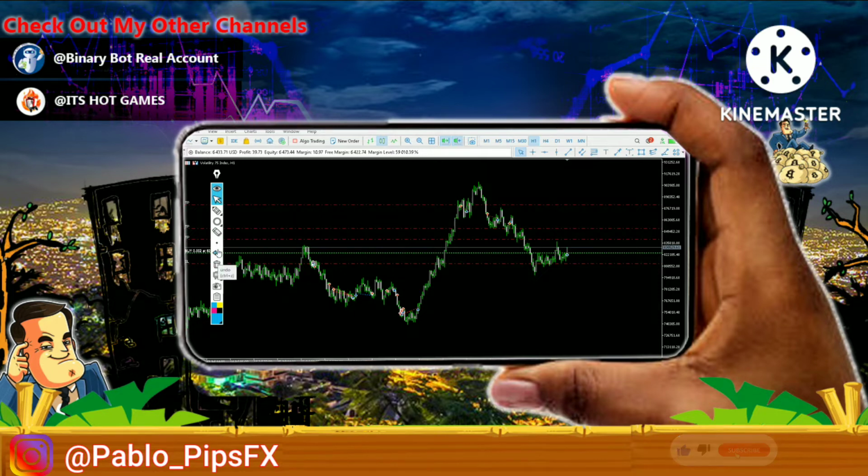It made a strong impulse move to the upside, where it met an area of resistance, somewhere in this area right here, which then pushed price back down to these areas of initial breakout.